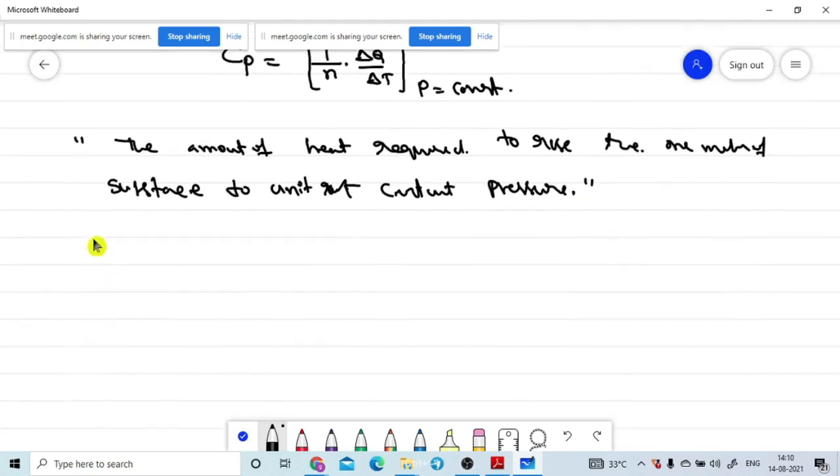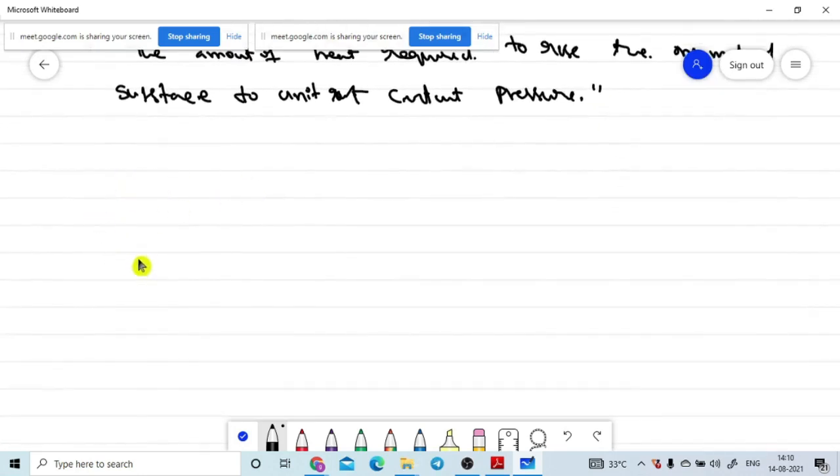Now for the second form, can I write it like this? Cp is equal to 1/n × delta Q divided by delta T. So can I write delta Q is equal to Cp × n × delta T?